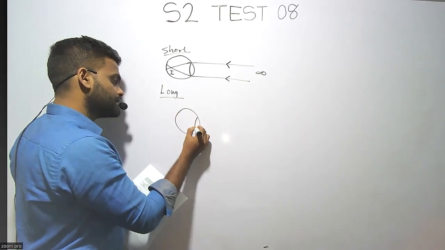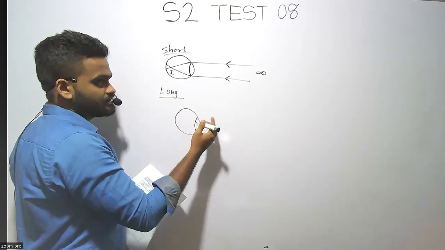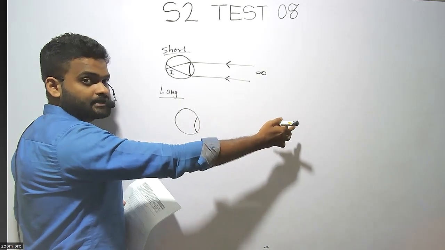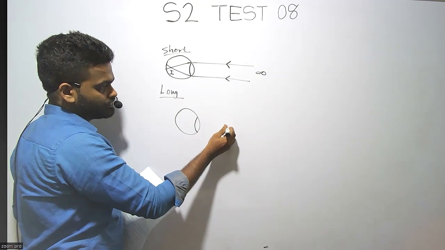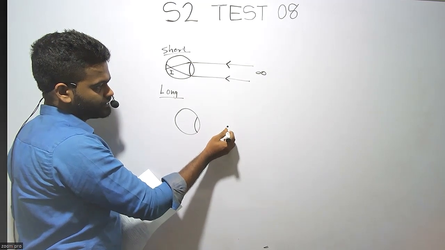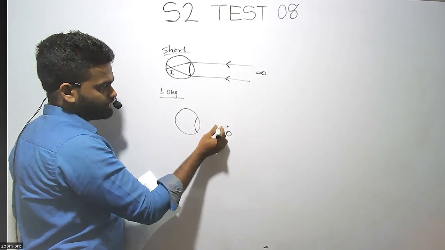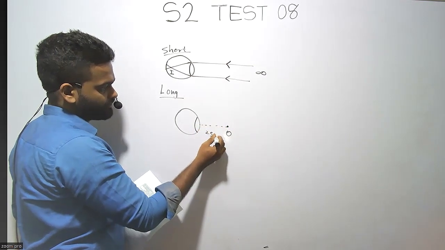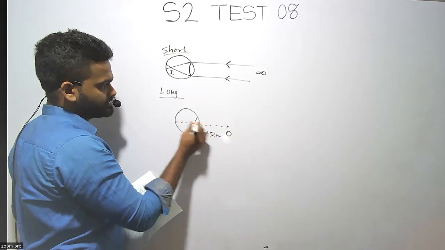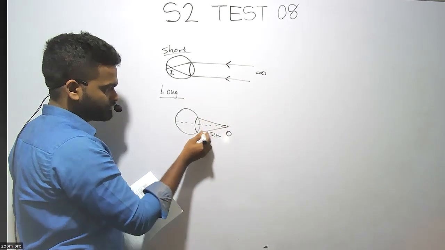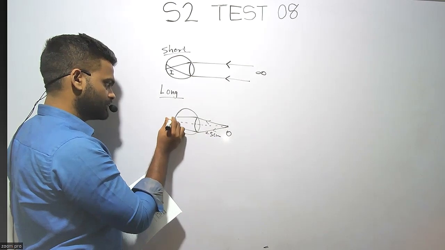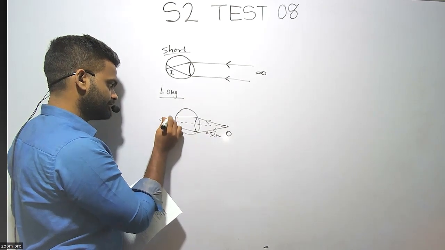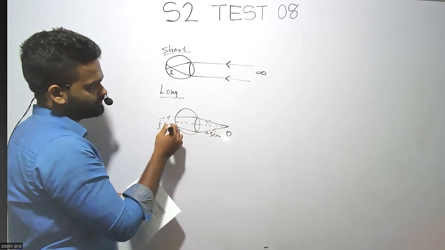Then long-sightedness means the person can see objects at infinity but cannot see objects closer. So if we see an object at 25 centimeters, what happens is rays come like that, and those rays focus behind the retina.